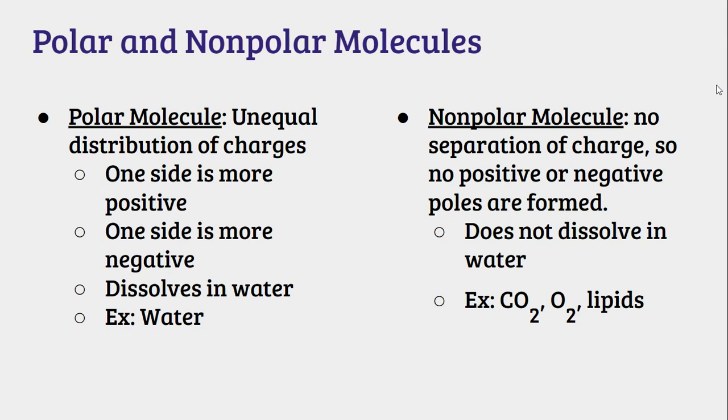A nonpolar molecule, however, is still bonded covalently, except this time there is no separation of charge. There are no positive or negative poles formed within the molecule itself. Because of that, it does not dissolve in water very easily. Some examples might be carbon dioxide, oxygen gas, and lipids or fats.